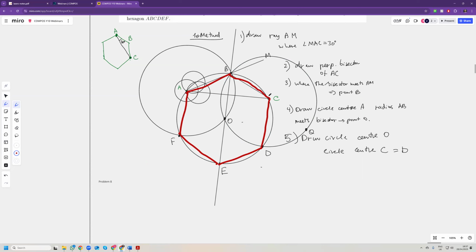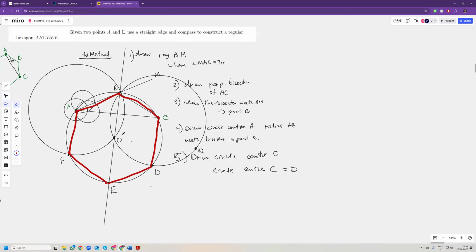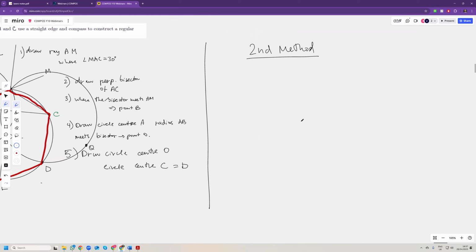The second method that I've just came up with. I actually forgot it. Okay, let me see. Oh yes, of course.